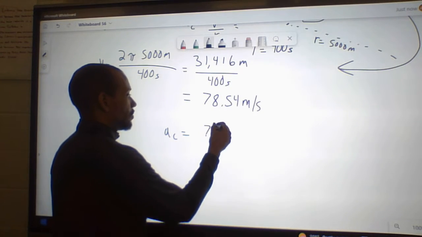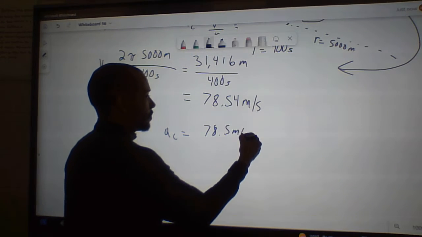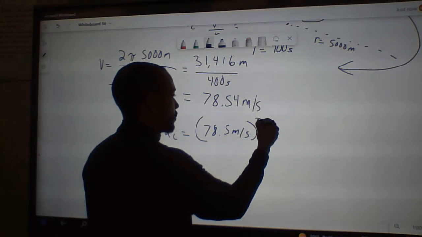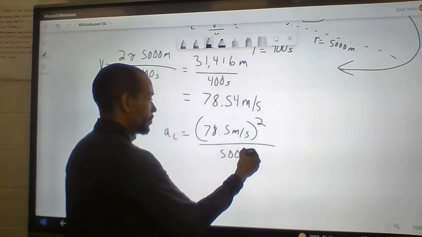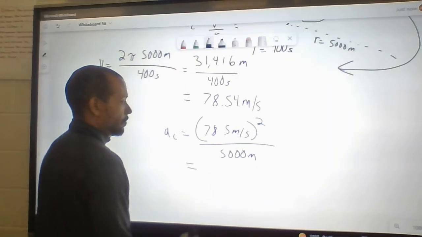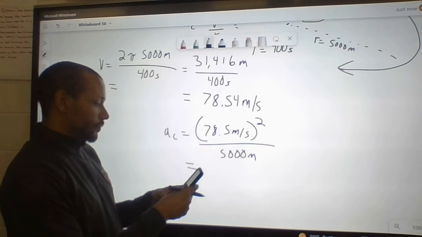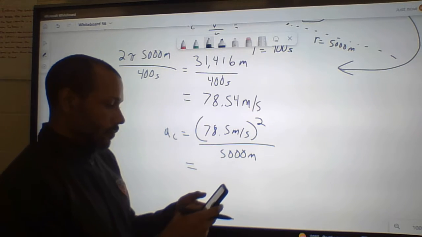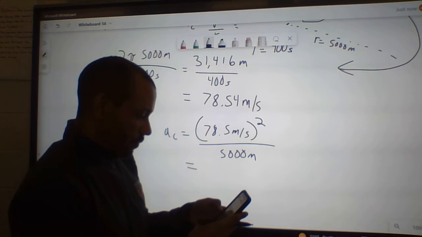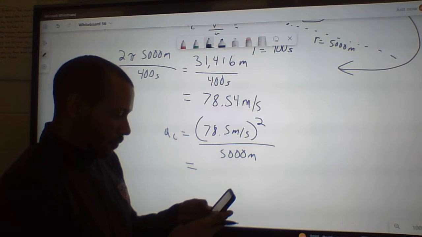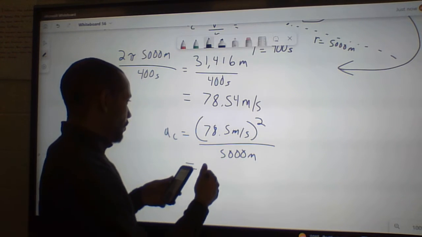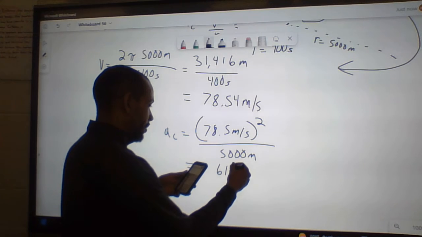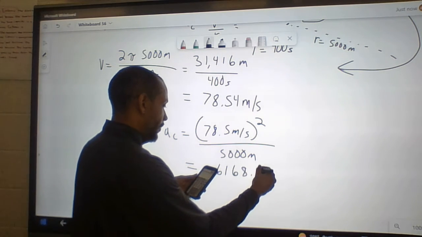It's going to be v squared all over r. R is still 5,000 meters. We get 61685.